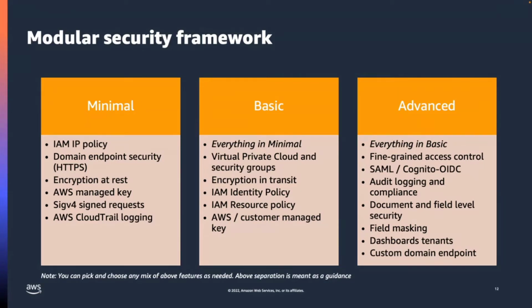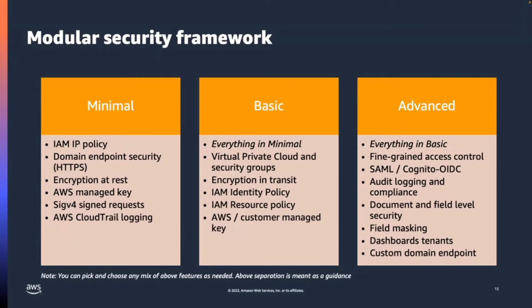At the very minimum, you want an IAM IP policy to protect your domain, because if you leave your domain open, it is vulnerable to attacks and anyone can access it. So you want a policy that says only these subnets or subsets of IPs can access this domain.